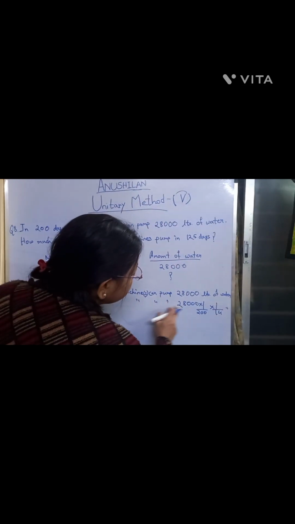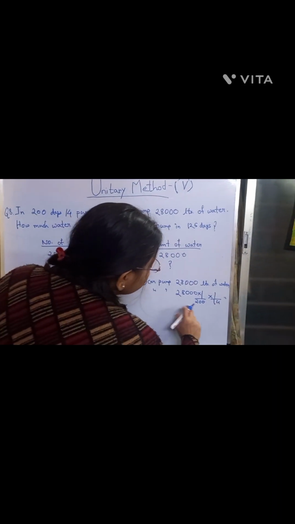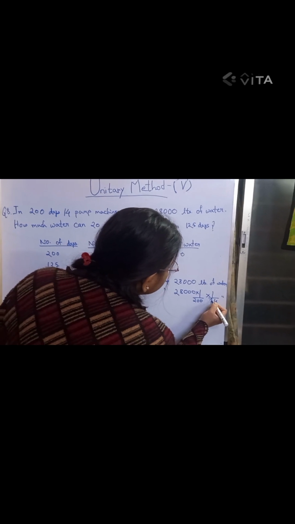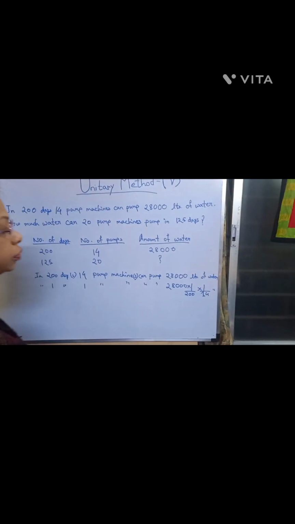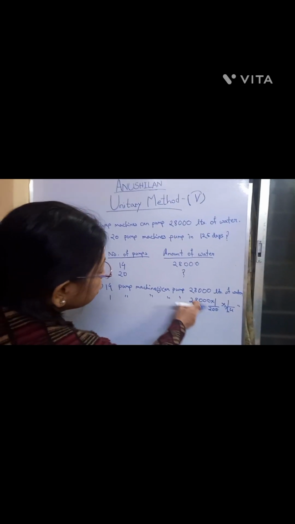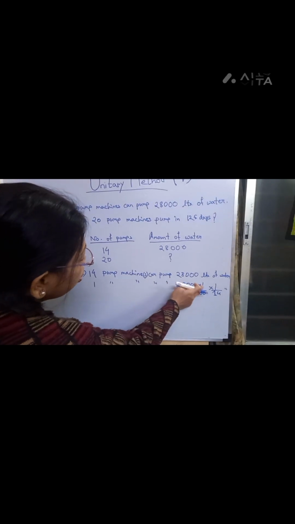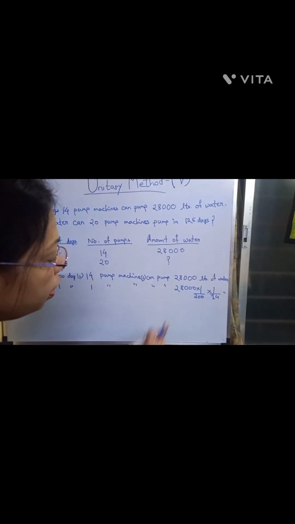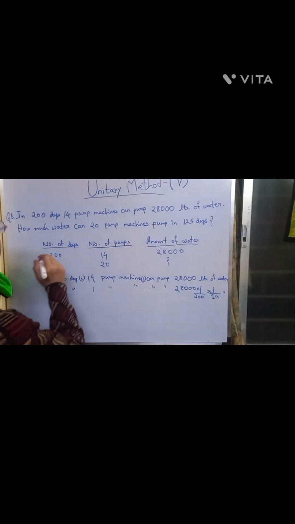That means 28,000 by 200 into 14. Like that, both are in the division relation with 28,000 liter.